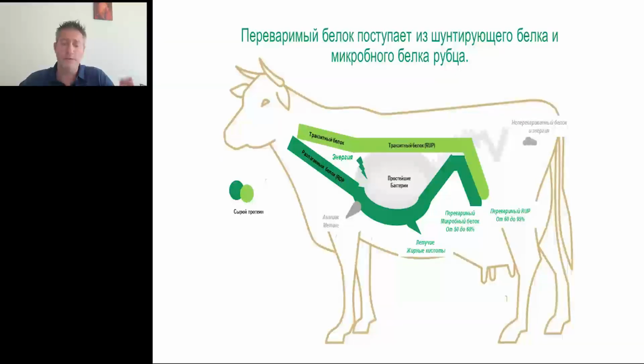The rumen also produces 60 to 70% of the energy requirement. This energy provided to the animal by the rumen comes from VFA, volatile fatty acids, which derive from the degradation of fiber, starch, and protein in the rumen.